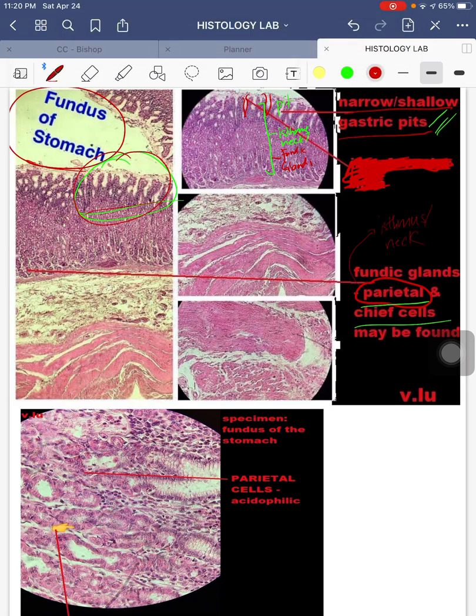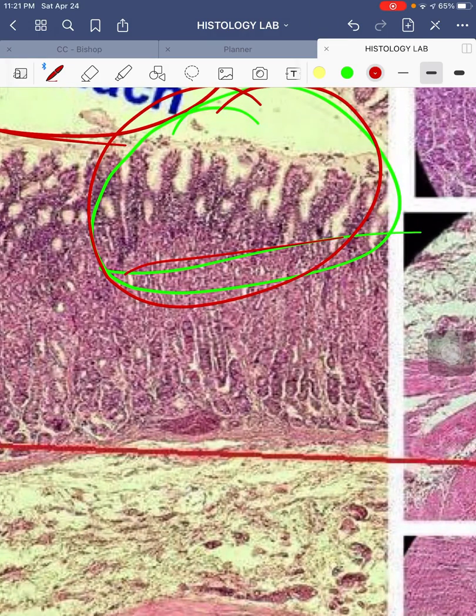It's simple columnar epithelium on top, because we already surpassed the junction from the esophagus going to the stomach. Now we're going to the other areas of the stomach. Okay, so each pit extends to the lamina propria. The lamina propria is the supporting layer here, okay? Aside from the other fundic glands and cells you find, that's the lamina propria.